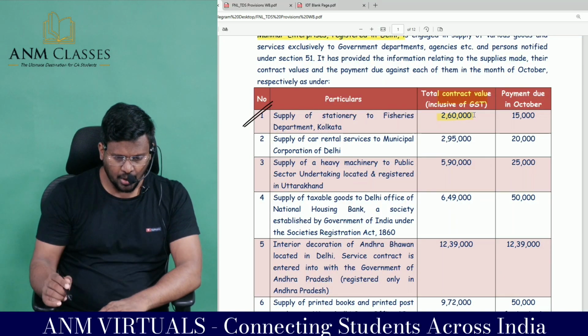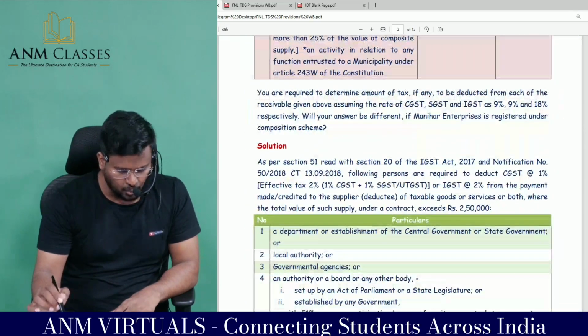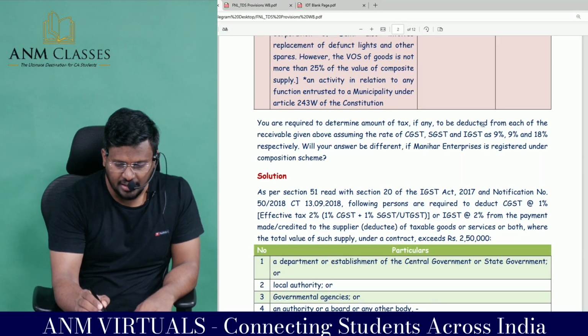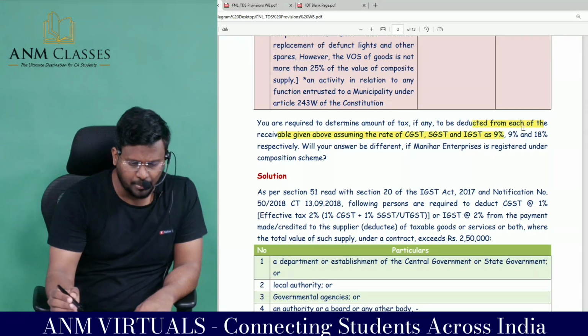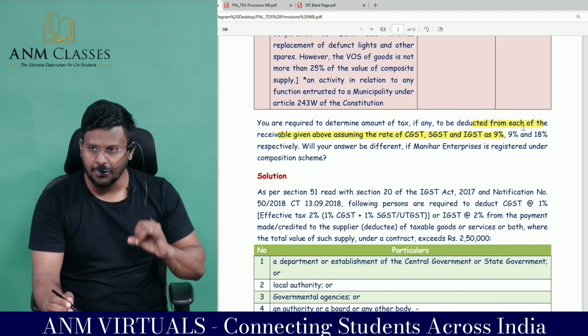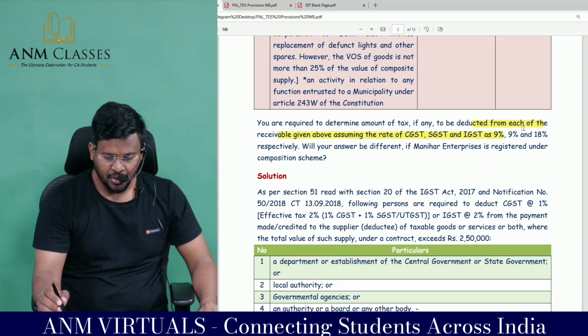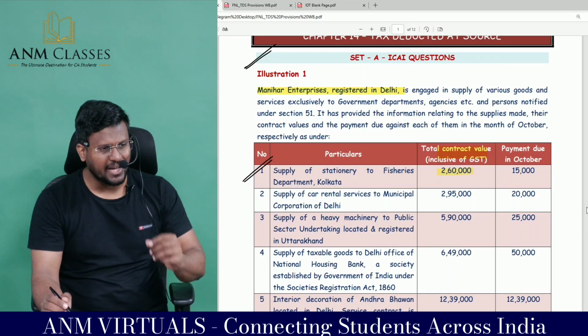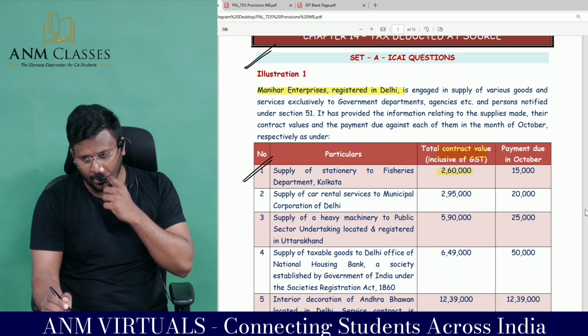So what is the GST rate? We have to go below. You are required to determine the amount of tax, if any, to be deducted from each of the receivables given, assuming the rates of CGST, SGST and IGST are 9%, 9% and 18% respectively. Here the recipient is situated in Kolkata, but the supplier is situated in Delhi, right?